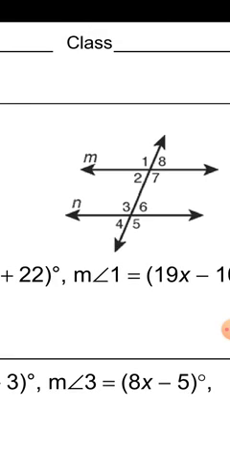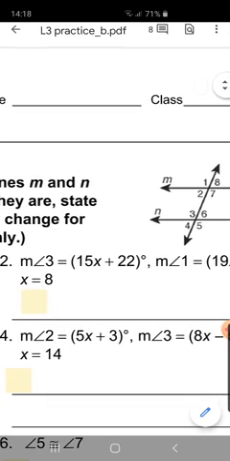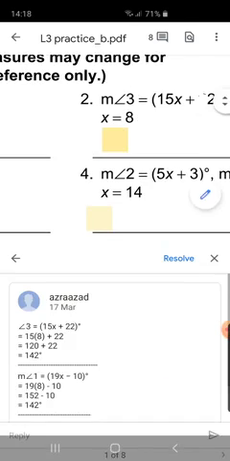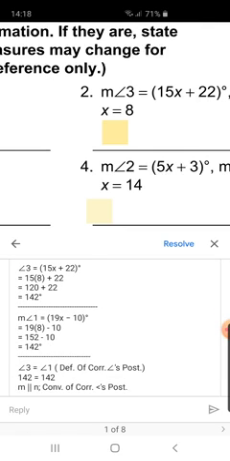Same-sided interior angles should give you 180 when you add them up, which means if you solve for angle 3 and you solve for angle 1 and add both of them, that should give you 180. So let's see whether that has given you. Angle 3, replace x with 8.